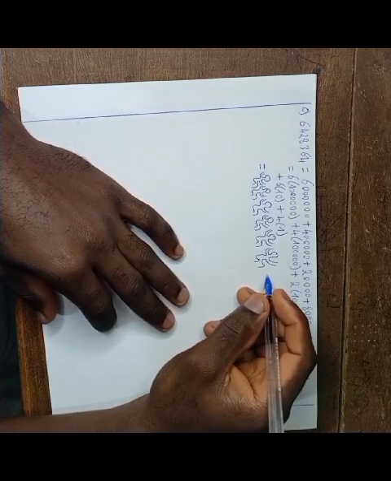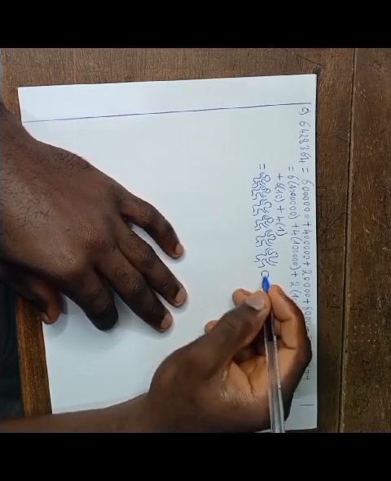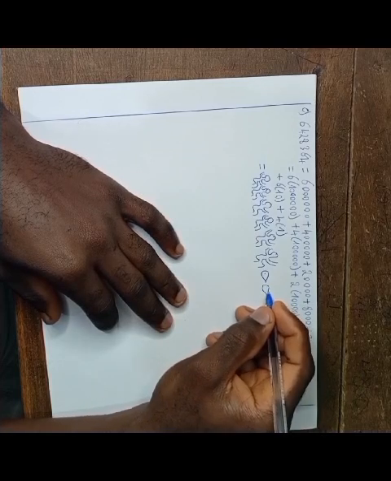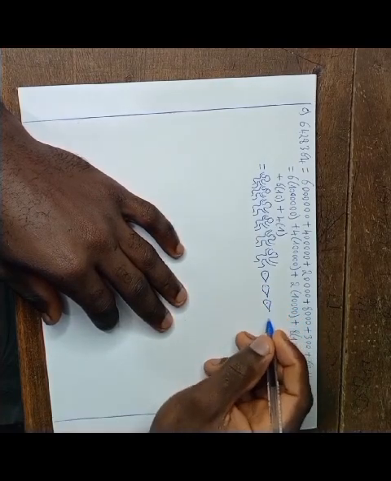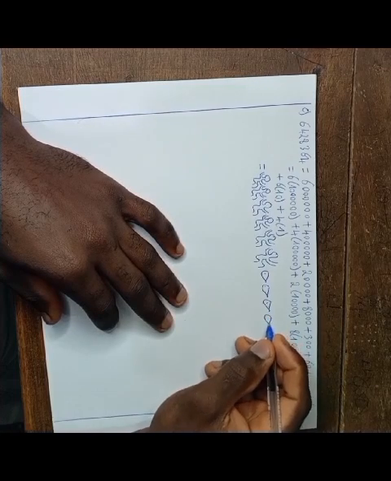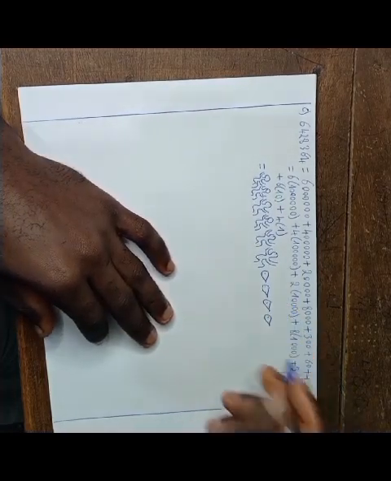So we need to write down 4 tadpoles. 1, 2, 3, 4. Next, we need to write down 2 symbols for 10,000.